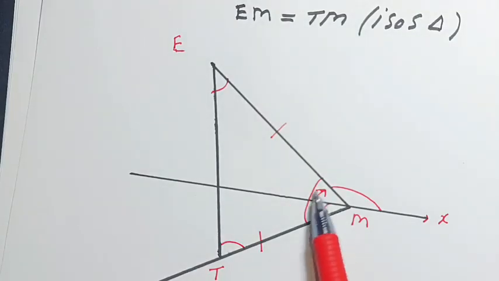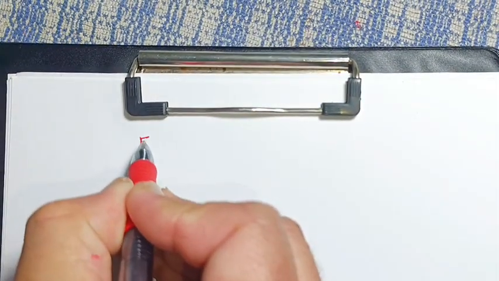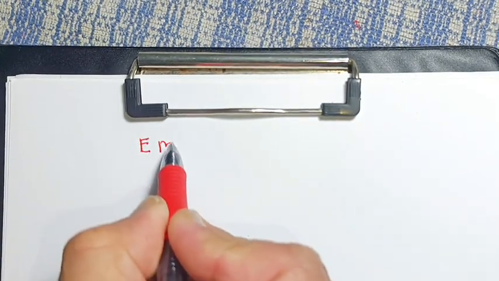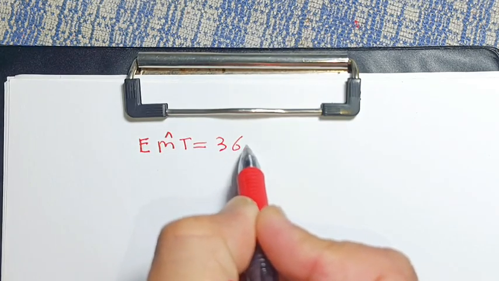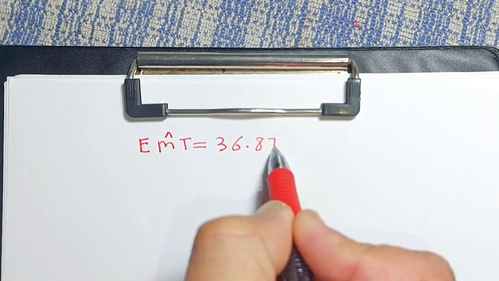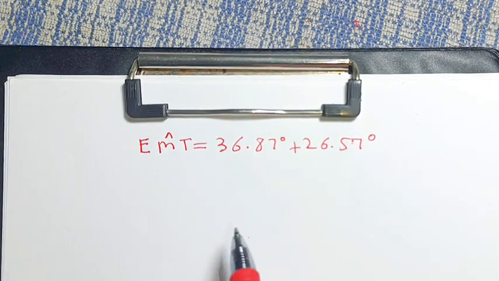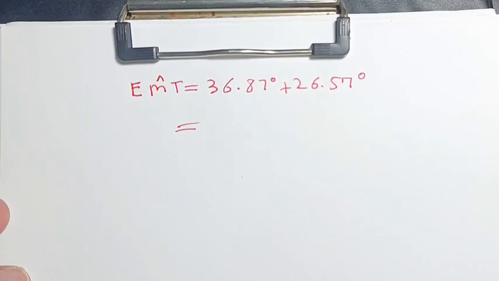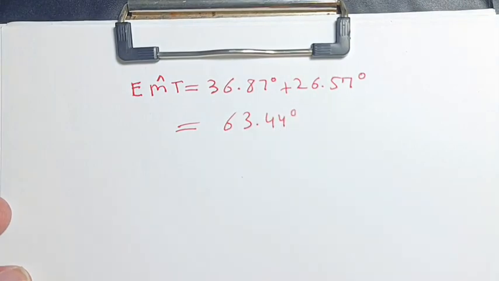EMT is equal to 36 comma 87 degrees plus 26 comma 57 degrees, that gives me 63 comma 44 degrees.